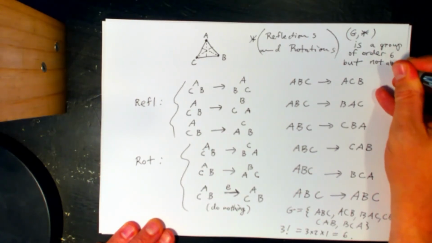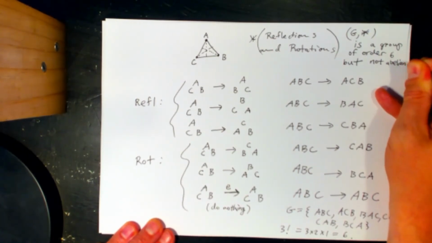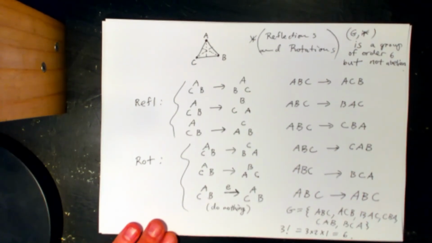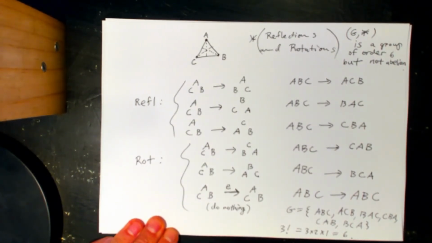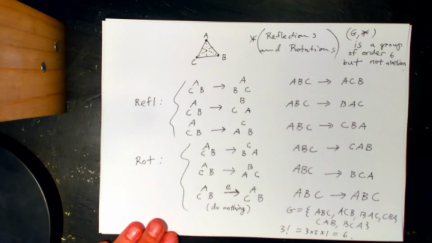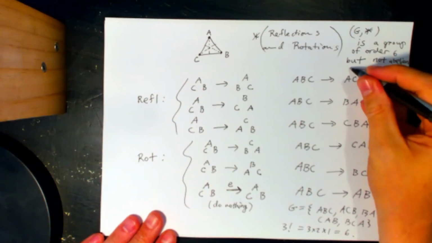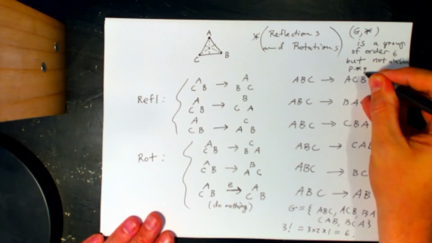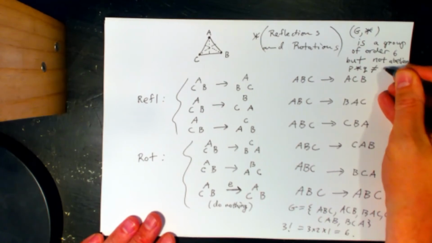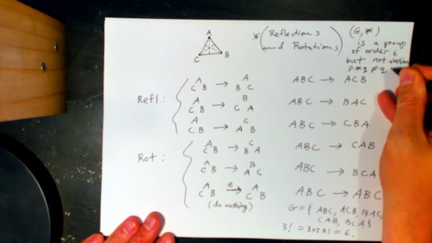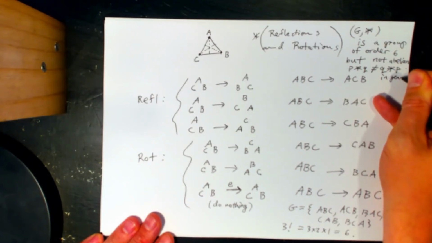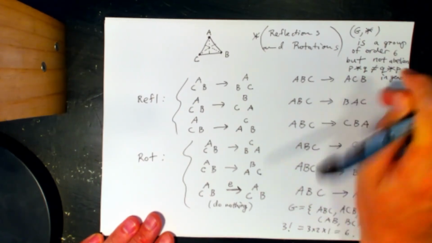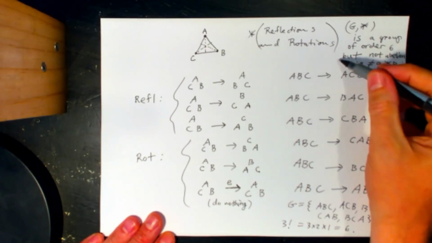So it's not abelian. Because when you fill out the Cayley table for this group, you'll see that P asterisk Q is not equal to Q asterisk P in general. Right, so in other words, not for all of them, but maybe for some of those.